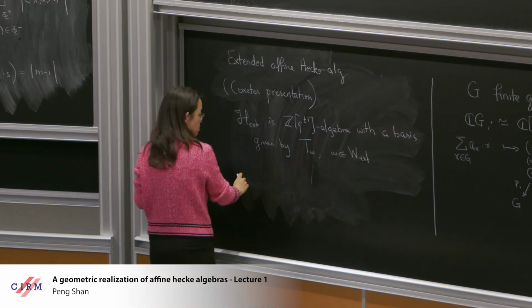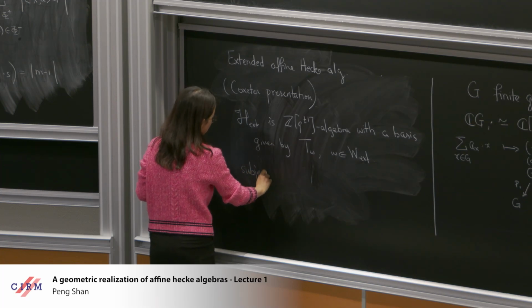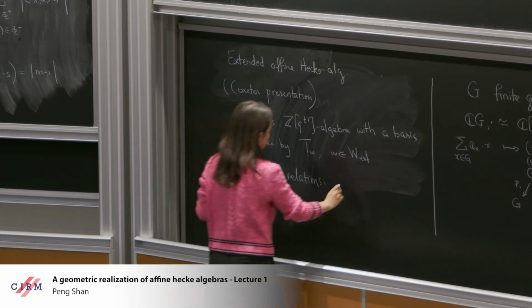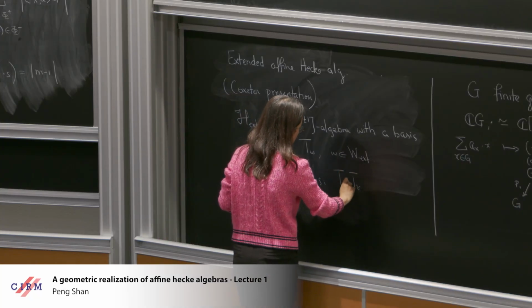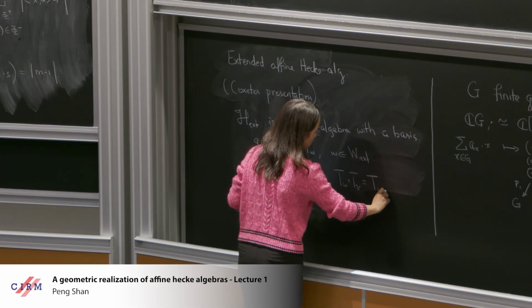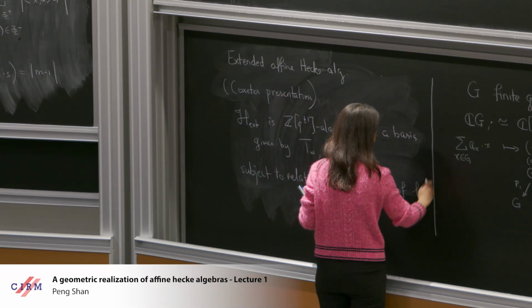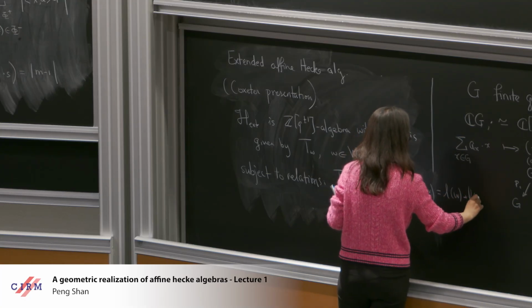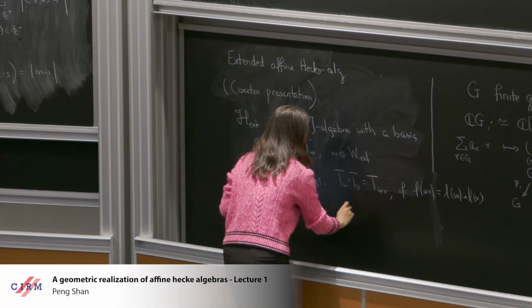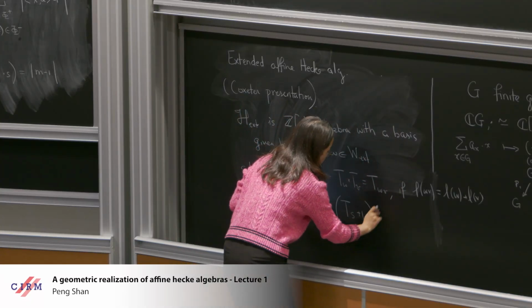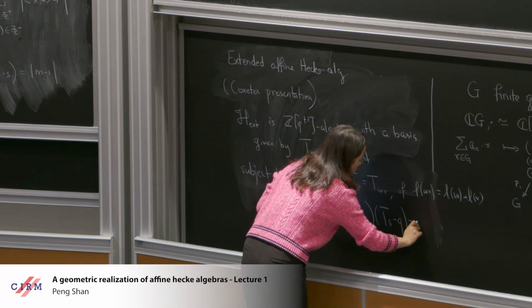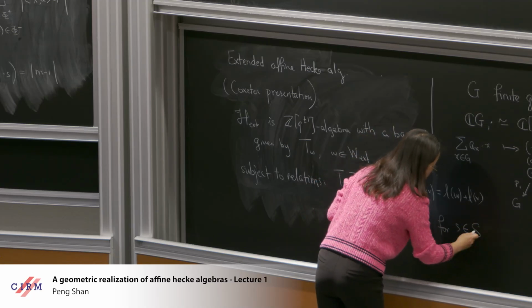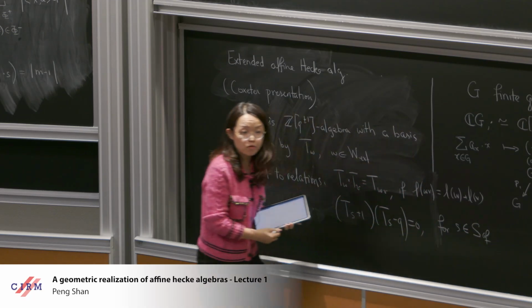And then the relations are as before, subject to relations that you have TW times TV equals TWV if the lengths add up, so if L of WV is L of W plus L of V. And then you have the same thing for the simple reflection, (Ts minus Q)(Ts plus 1) equals 0, but now you have this relation not only for the finite reflections, but for all the affine reflections.